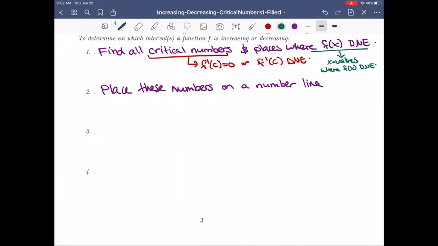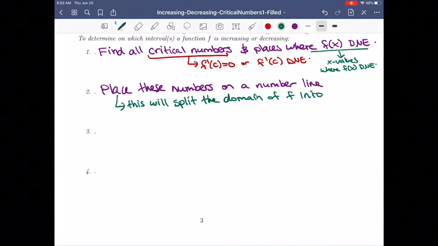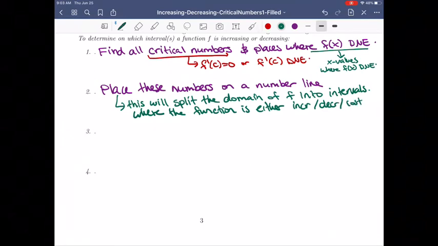This will split the domain of our function into smaller intervals where the function is either increasing or decreasing. Well, actually, we're going to take all the zeros, so actually just increasing or decreasing.